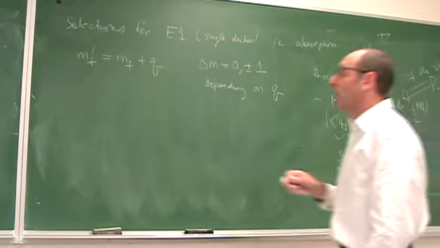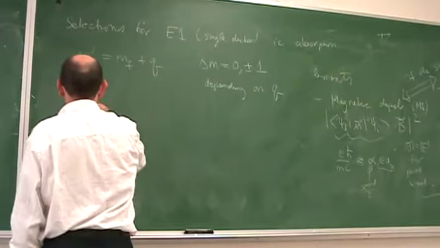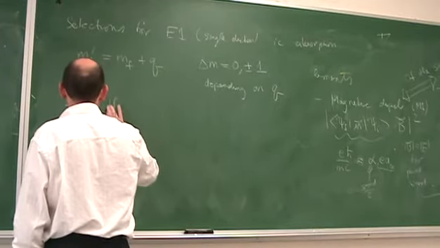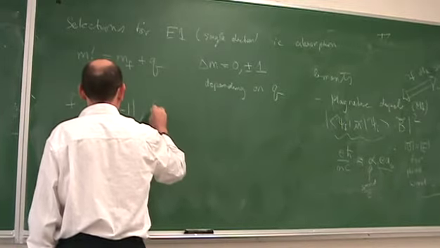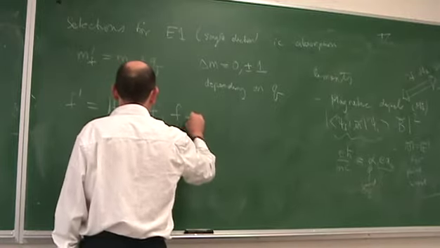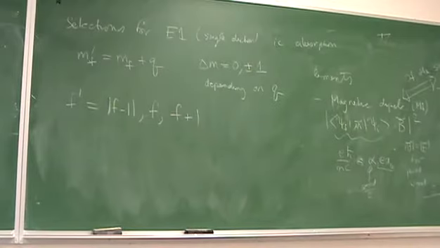Moreover, we know that F prime here can be equal to either the magnitude of F minus 1, F, or F plus 1, because of the addition of angular momentum.